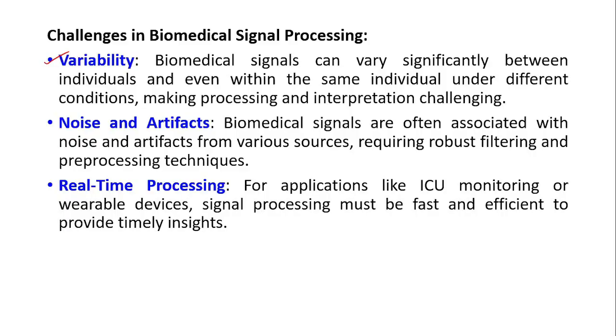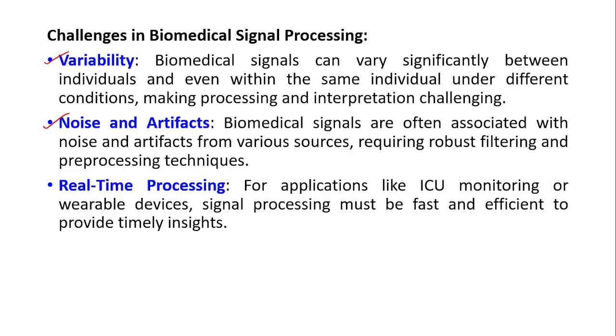These changes bring variability within the population. Then noise and artifact: when we are acquiring the signal, it may be corrupted with some noise or artifacts. Artifacts are unwanted signal components. For example, if I move during acquisition, the electrode placed on my body will move, and a noise will be incorporated.